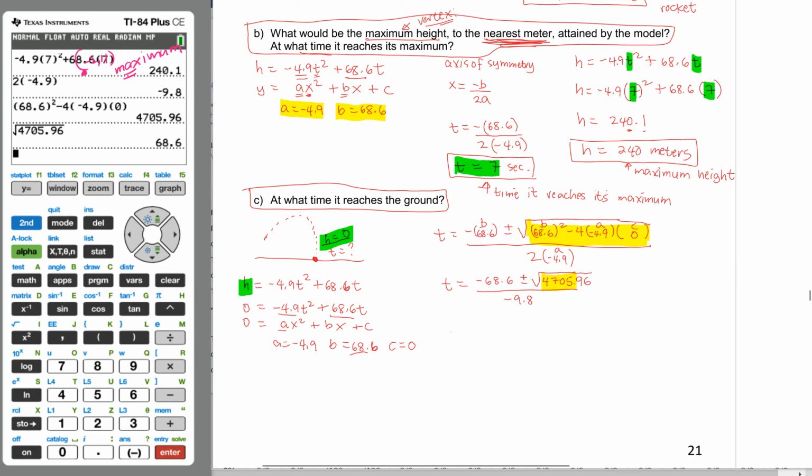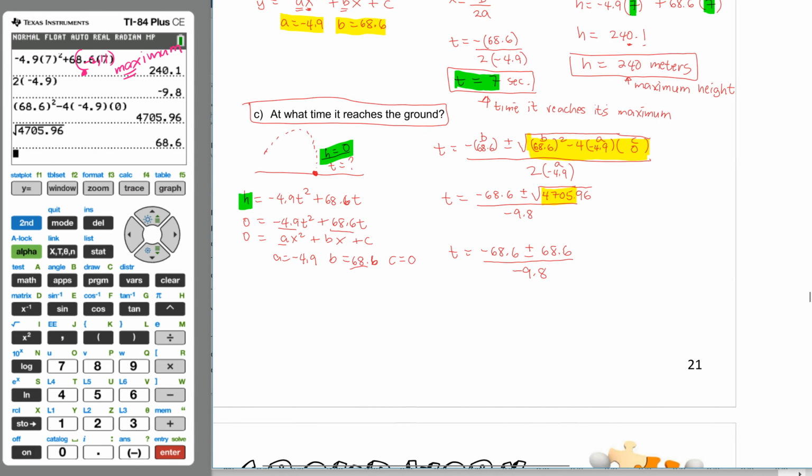So we have here t is equal to negative 68.6 plus or minus 68.6, divided by negative 9.8. Here we can split this into two solutions.